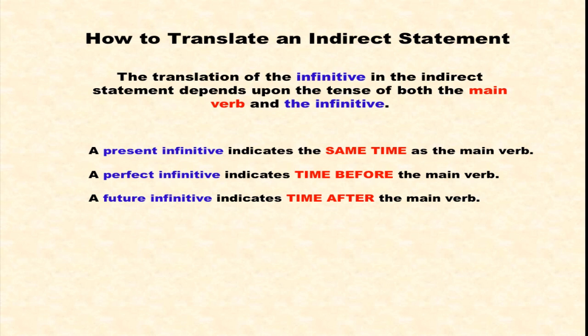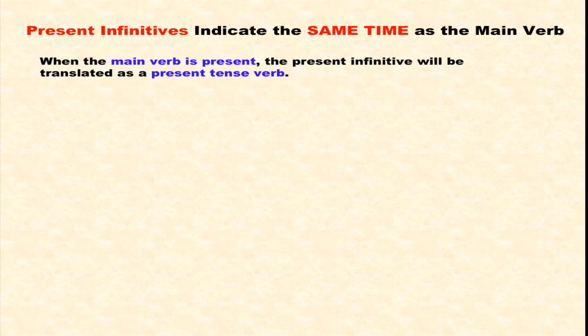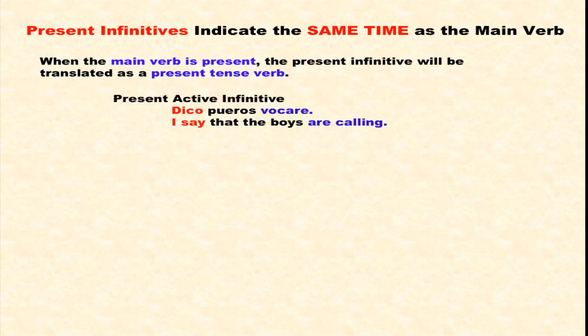Let's take a closer look at these. Present infinitives with the same time as the main verb will look like this. If the main verb is present, the present infinitive will be translated as a present tense verb, being at the same time. So, with a present active infinitive, dico here is present tense.